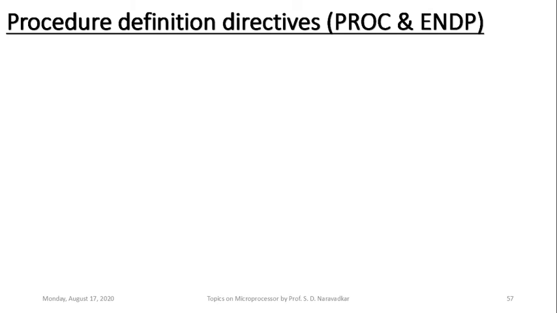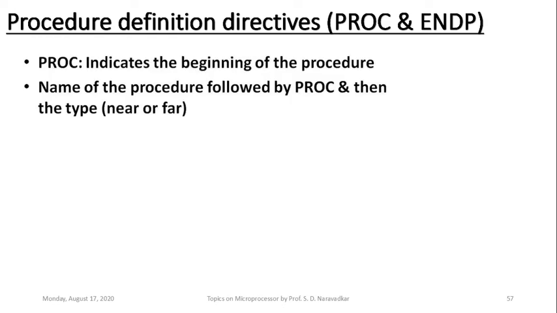Now the next is procedure definition directives. There are only two, PROC and end of procedure, ENDP. Now let us see here. What is PROC? It indicates the beginning of that corresponding procedure here.